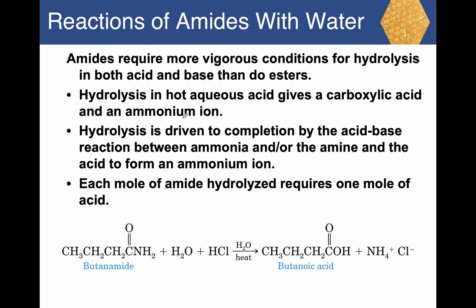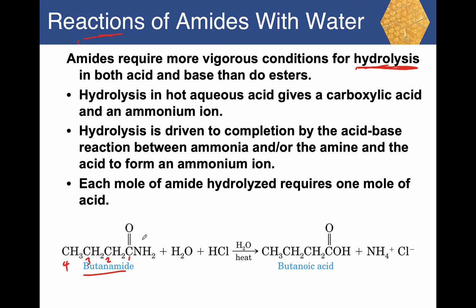Let us look now at the reactions of amides. Again, very straightforward. We look at a reaction called hydrolysis. Hydro means water, and of course it is the reaction of amides with water. So here's the amide. This is a primary amide, butanamide. Why butanamide? 1, 2, 3, 4 carbons, butane.